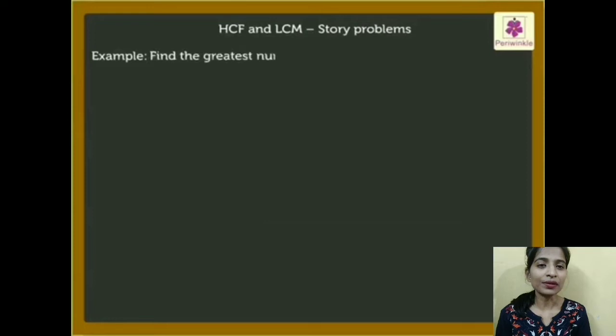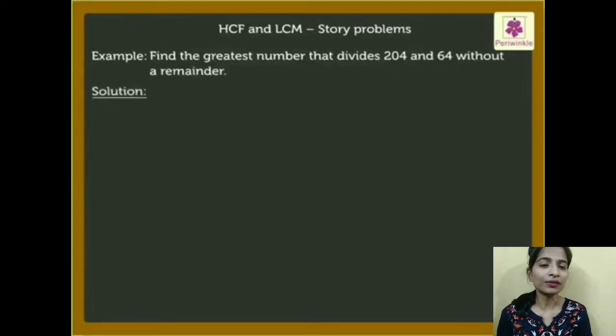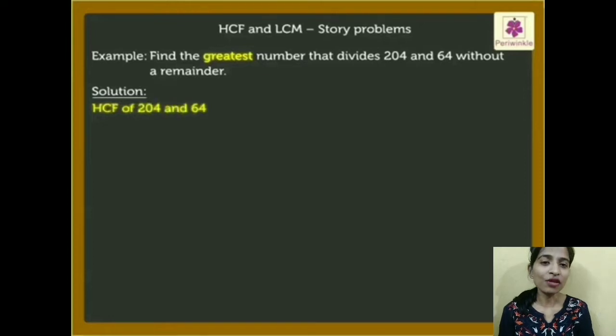First example, find the greatest number that divides 204 and 64 without a remainder. In this question, we need to find the greatest number. It means we will find the HCF of 204 and 64.